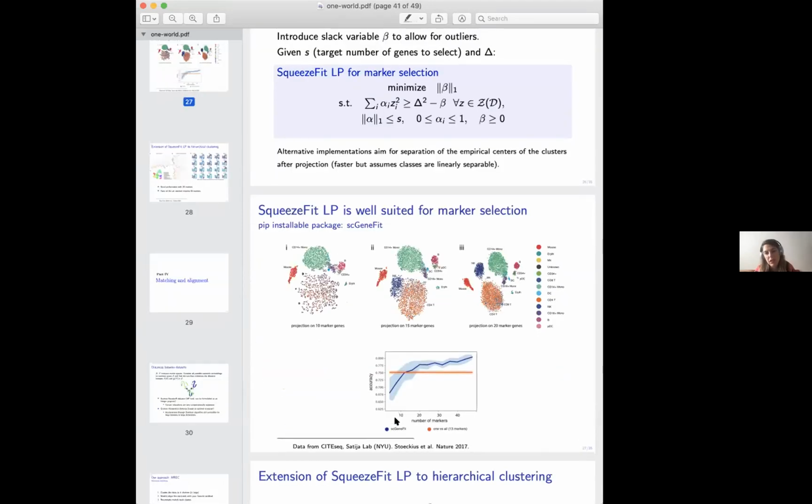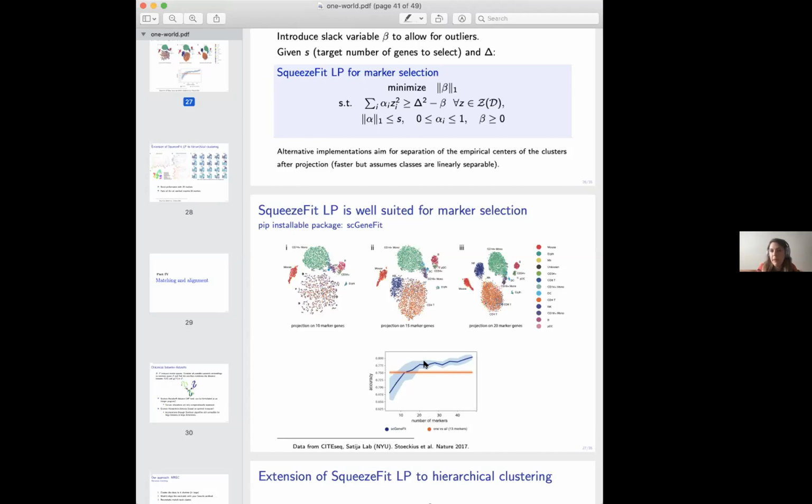You can see how the performance of your classification on a test set changes when you increase the number of markers. You can use an elbow rule: when the marginal benefit of adding a marker is not that much, you settle on that number of markers.